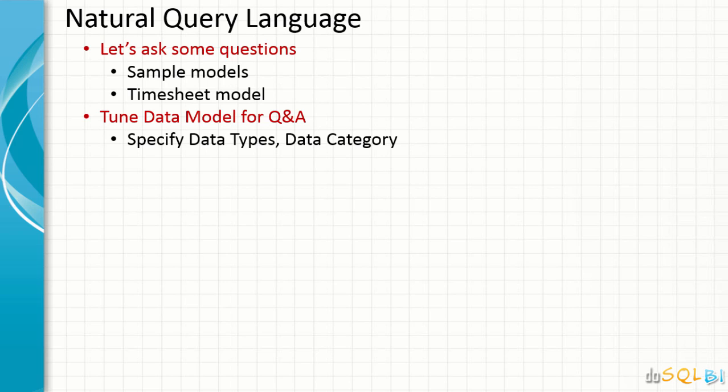One way we do that is, in the data model we specify the data types for each of the items. We specify the data category. We'll see that in a moment. We have a way to define the table default field set and behavior. We'll see what that is.